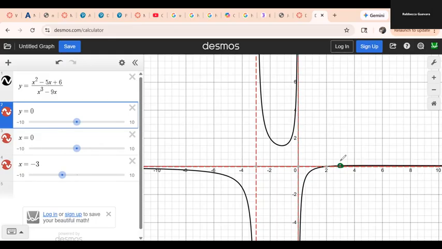Yeah, that should be a hole. I don't know why it's not showing up, but that should be a hole. Desmos is nice to show you a lot of things, but it gets a little confused about the way it calculates things, and sometimes it throws off your calculations. That's why we need to know how to do this by hand, because of problems like that. We know it's supposed to be a hole.